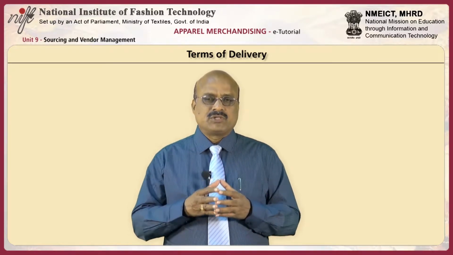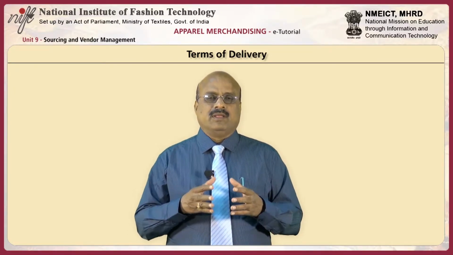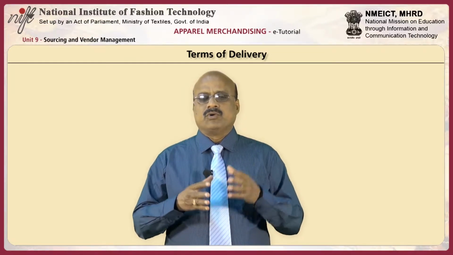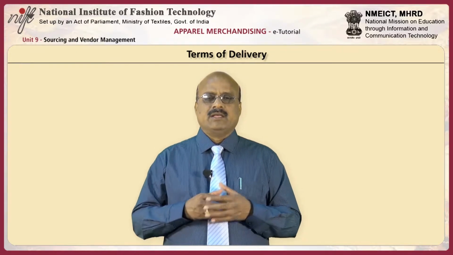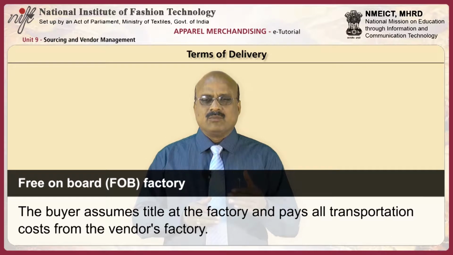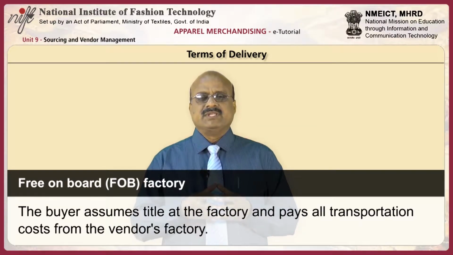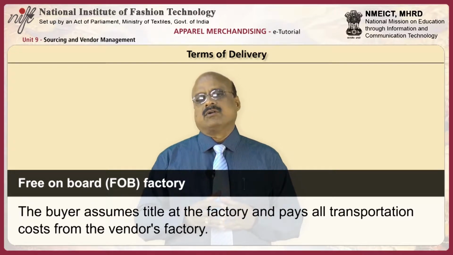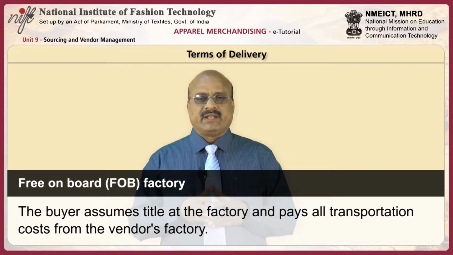The three most common shipping terms are free on board factory, free on board shipping point, and free on board destination. In free on board factory, the buyer assumes the title at the factory and pays all transportation costs from the vendor's factory.